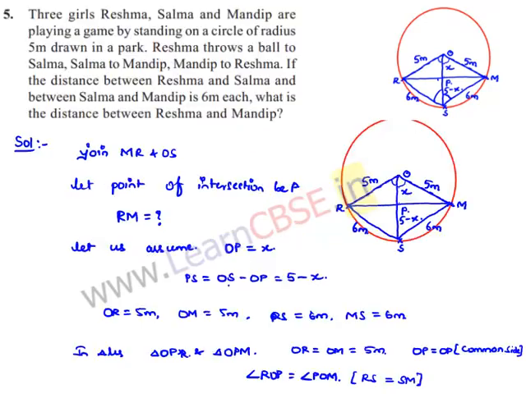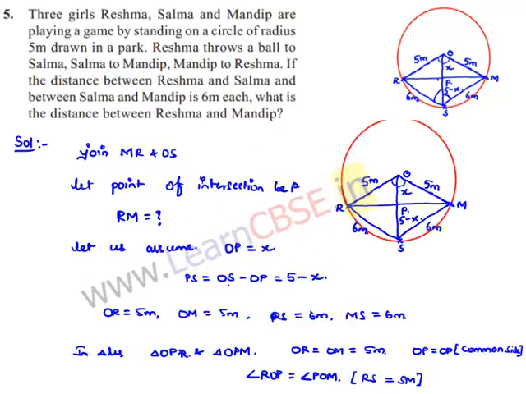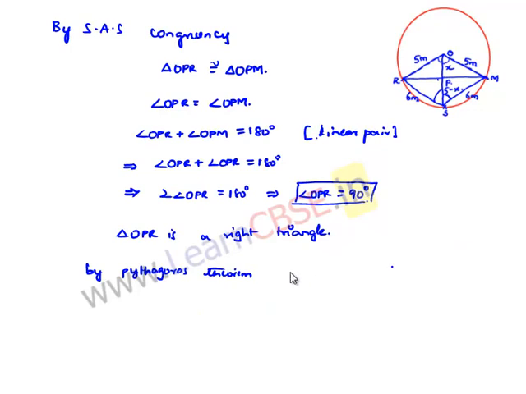In right triangle OPR, by Pythagoras theorem, OR square is equal to OP square plus PR square.